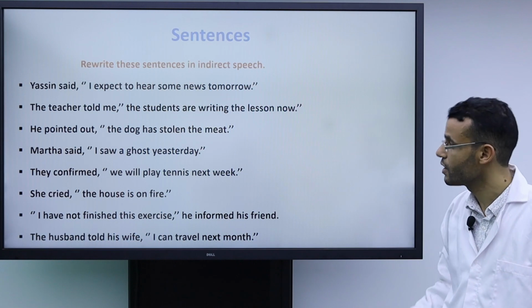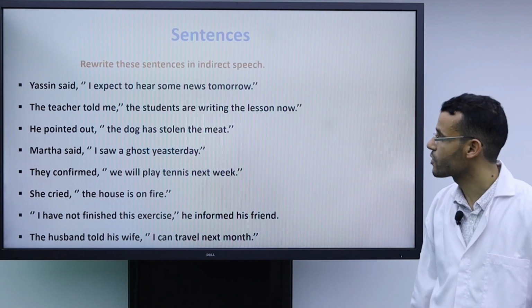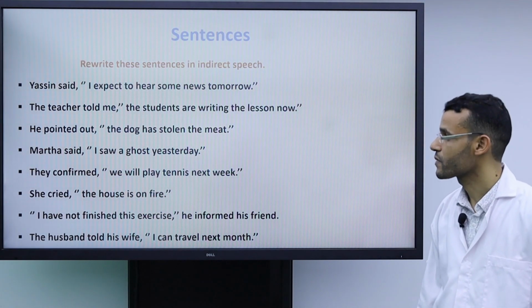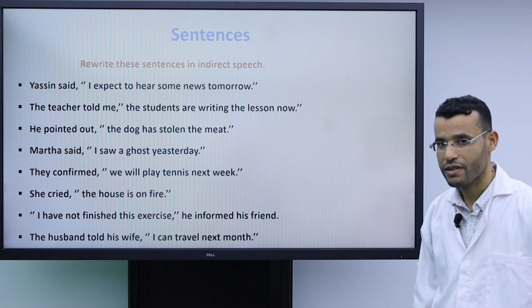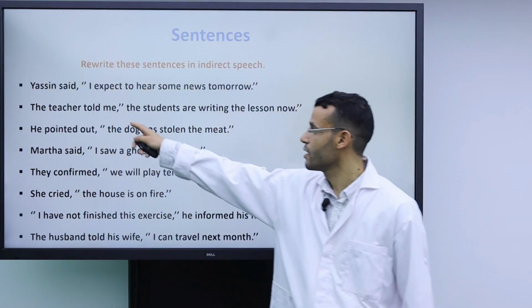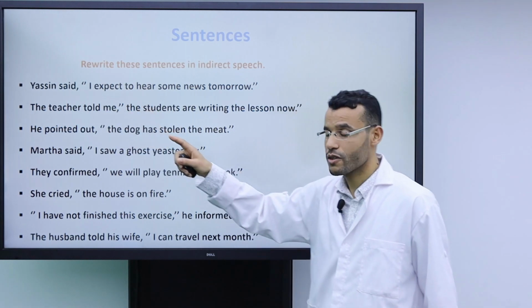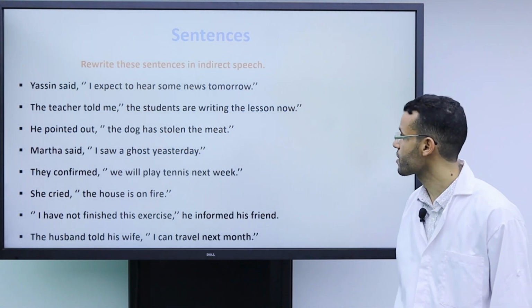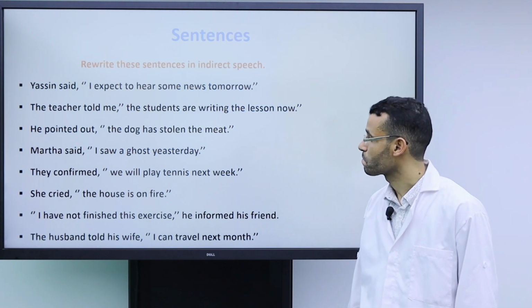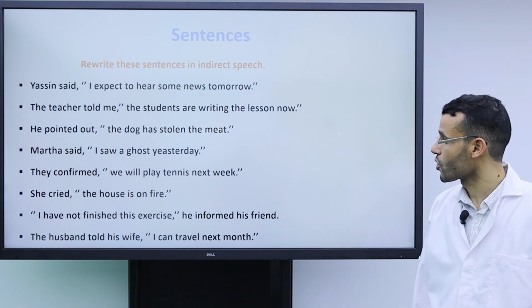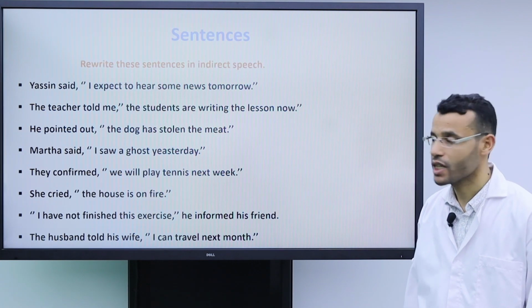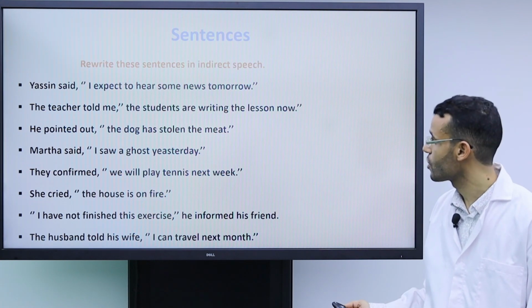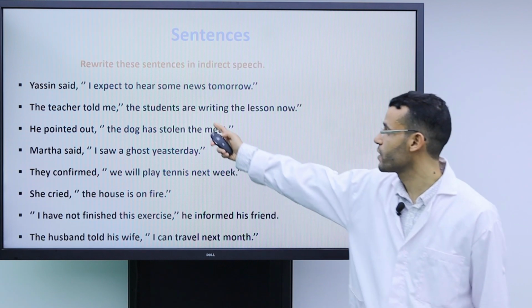It is a time expression. Second, "The teacher told me the students are writing the lesson now." The same steps. The first step is that we have the verb in the past, told, and we are going also to change the time expression, which is now. So the teacher told me that the students, here we have present continuous.